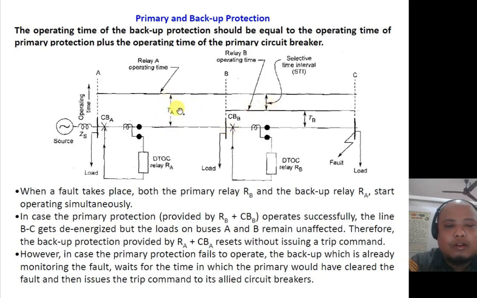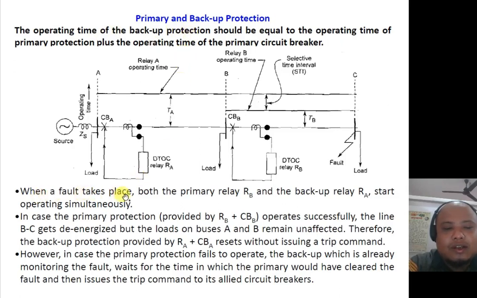The difference of TA and TB, the operating time of the primary scheme and secondary scheme, is called the selective time interval. For satisfactory coordination and operation of a protective scheme using primary and backup protection, there must be an STI, selective time interval, which is the difference in the operating time of primary and backup protection scheme. This must be present for proper coordination between primary and backup protection.